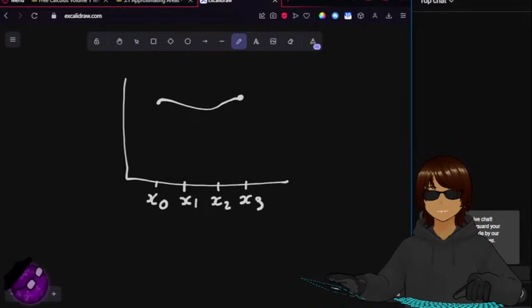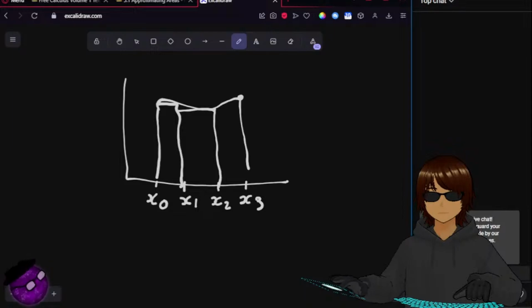We are approximating this with these rectangles, and then another rectangle here, then another rectangle here. I think the height is f of the later one.